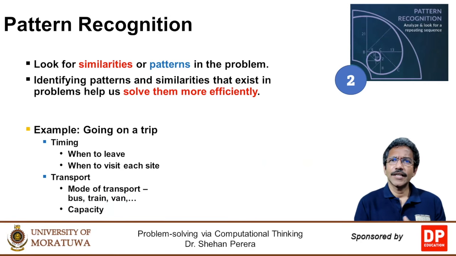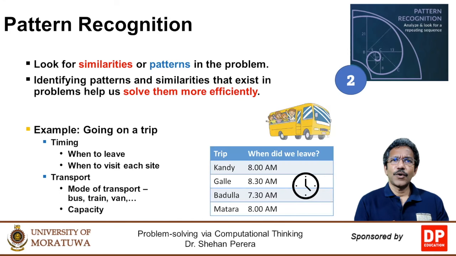Rather than looking at all the interesting sites in Sri Lanka, we can look at what other people have done. We can look at how other people have solved the problem and maybe use the same pattern to solve the problem that we have to solve. For example, if you want to decide on the time to leave for this trip, we could look at the times that we left for our other trips.